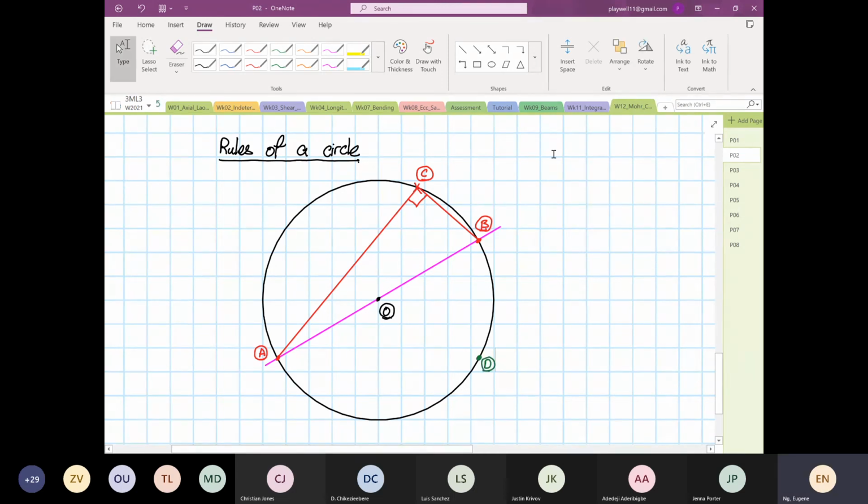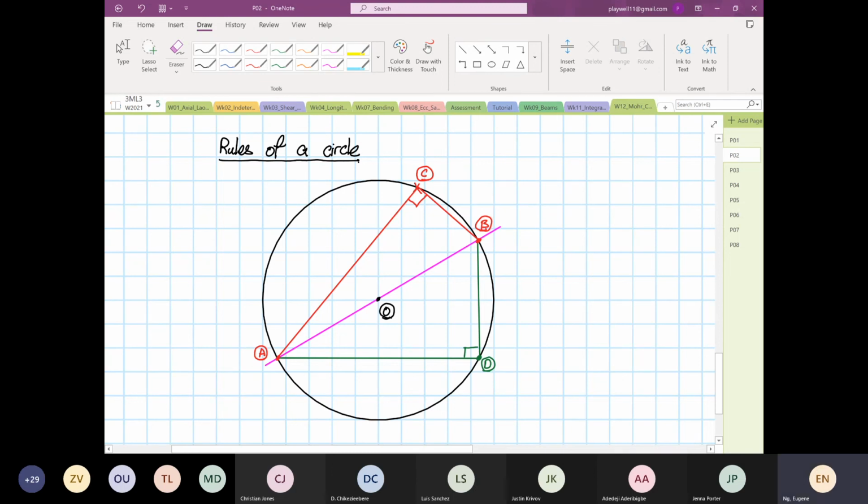Because some of you don't have a protractor, with this you don't need one. This is a straight line from here to here, and a straight line from here to here. So this is also 90 degrees. If I do it properly, it would always be 90. So this is one rule of the circle.